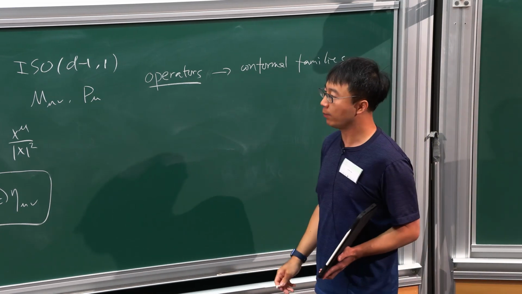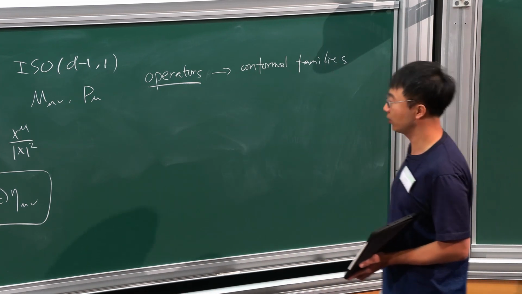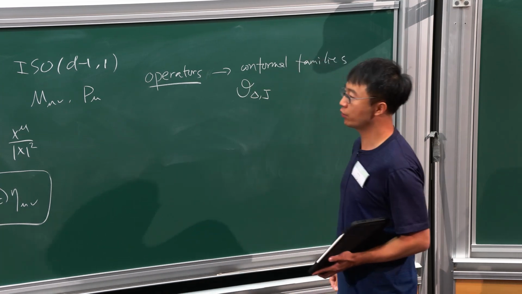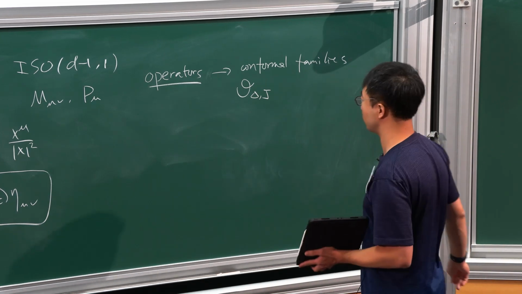And these conformal families are individually characterized by the lowest weight states, and they are known as the conformal primaries. And they are labeled by quantum numbers, which are eigenvalues with respect to the Cartan subalgebra of the symmetry SO(d,2).